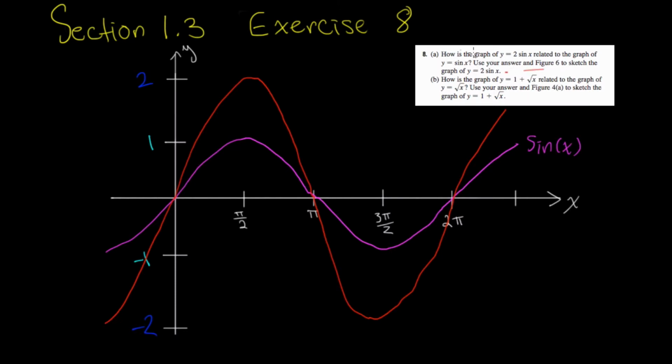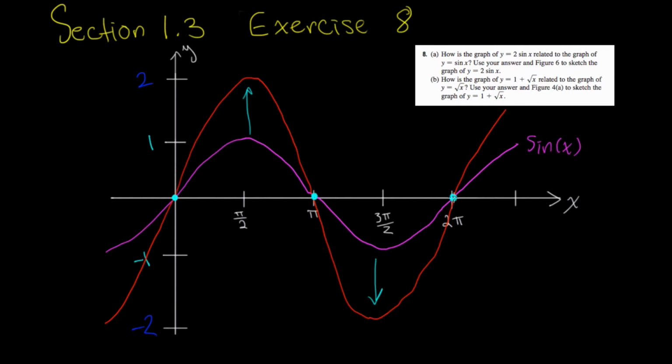The second part of part A asks how it is related to the graph of y equals sine x. All we did was change the height. We did not change the intercepts. So one thing you could say is that one is simply a vertical transformation of the other.